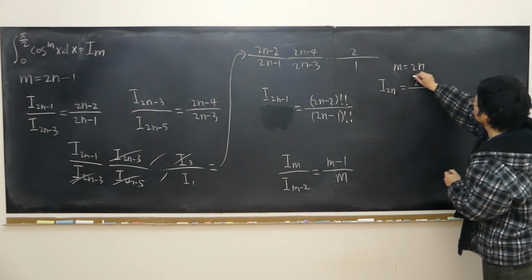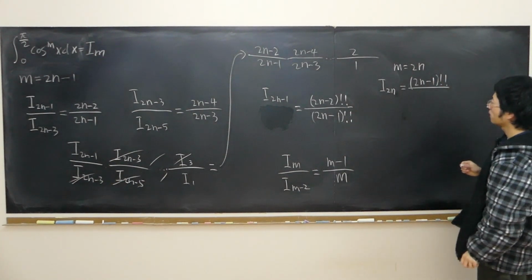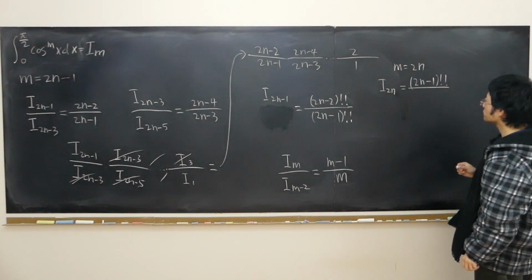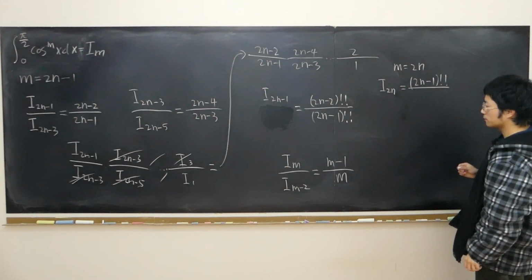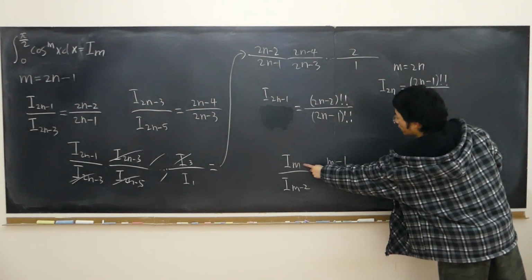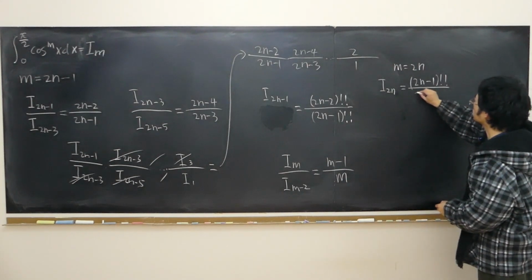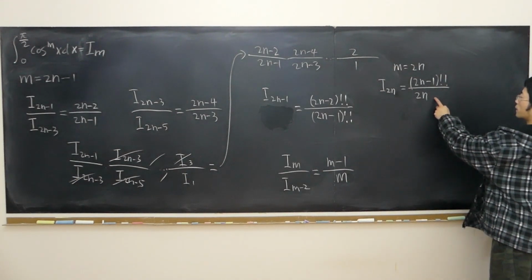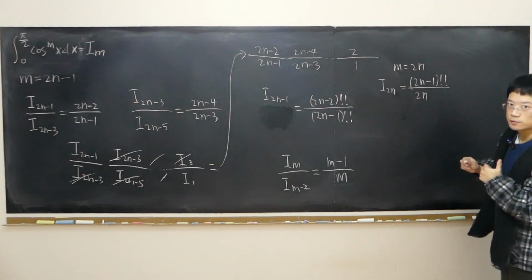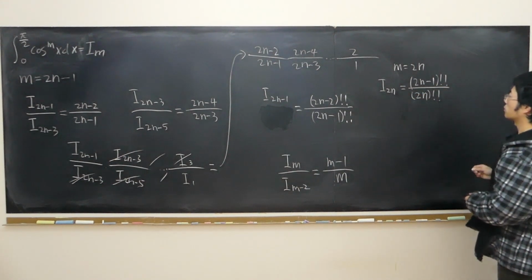So this is the double factorial of this odd number. And what do I have on the bottom? 2n. So like I said, start from 2n at the bottom here. So 2n multiplied by the next even number and the next even number. So that's 2n double factorial.